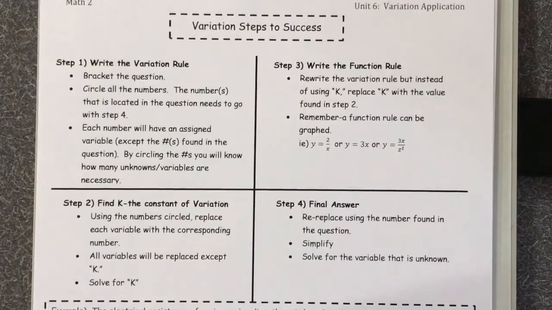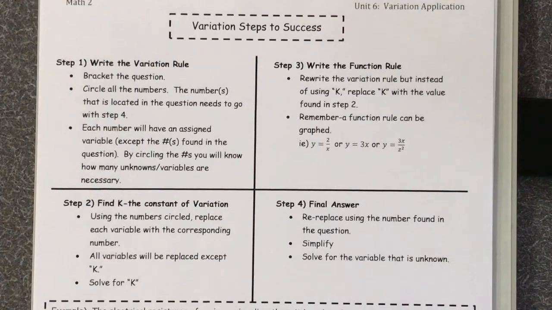So each number will have an assigned variable, except the numbers that are found in the question. When you circle the numbers, those numbers that are in the question are going to go in step 4. Those are the numbers that we use in the last step. The remaining numbers you use in step 2, but also you use those numbers to help you define your variables.